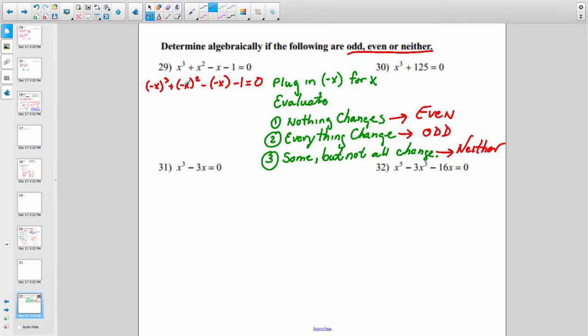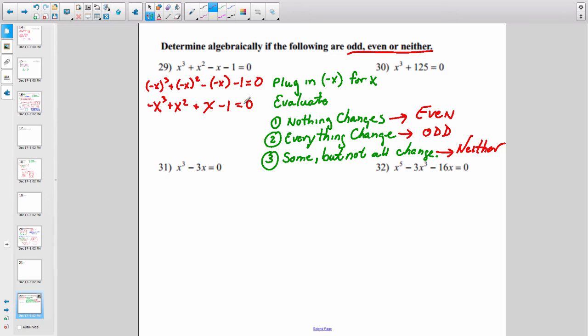And that, ladies and gentlemen, is negative x cubed. I'm going to add that to negative x squared. That's negative x times negative x, which is positive x squared. And then I'm going to subtract negative x. Okay, well that actually turns into positive x minus 1.